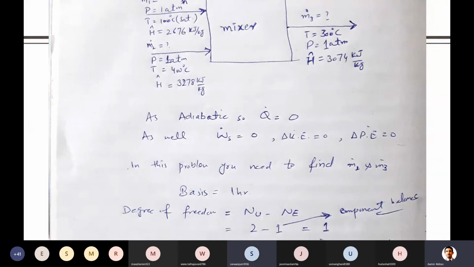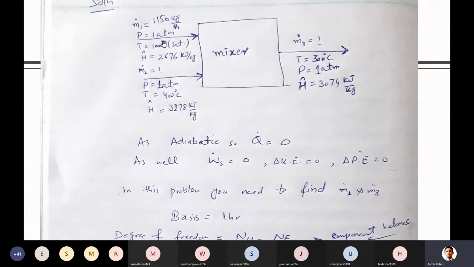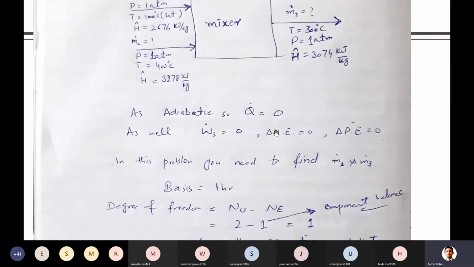Sum of all the mass fractions equal to 1, sir. No, that is like a material balance equation. Nothing here is about mass fraction. You have a simple balance, either component balance or overall balance, same thing, because overall there is more than one component. If I just add these three, water flow rates and steam flow rate, that's one equation of material balance. What is the other equation you are telling?